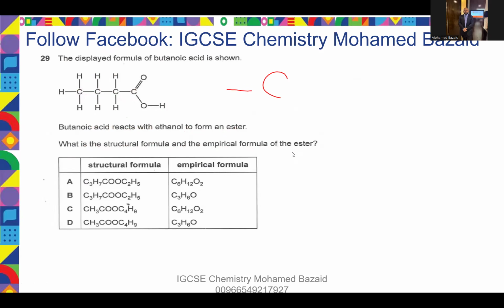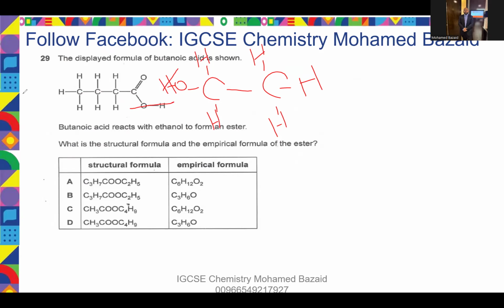And here I have OH, isn't it? This is ethanol. What will happen after that? Elimination of water. How? Remove OH from the acid with H from the alcohol.